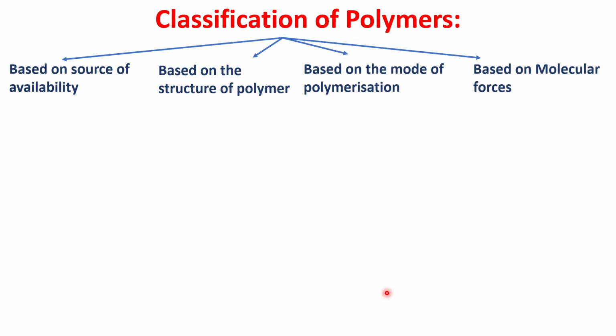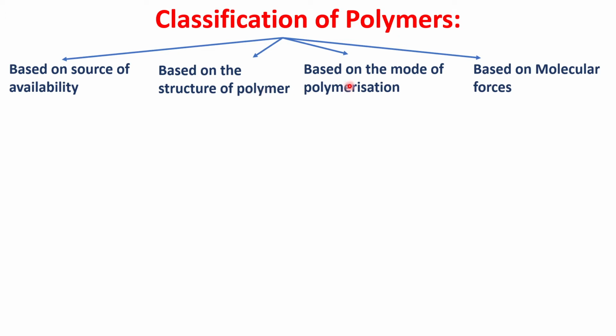Polymers can be classified in four categories. Based on the source of availability, like they are present in nature or they are synthesized by man-made means. Another category is based on the structure of polymers, like polymers are linear or cross-linked, depending upon how the monomers are attached.